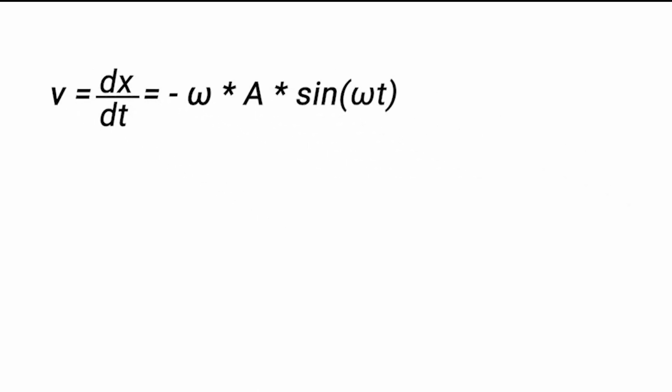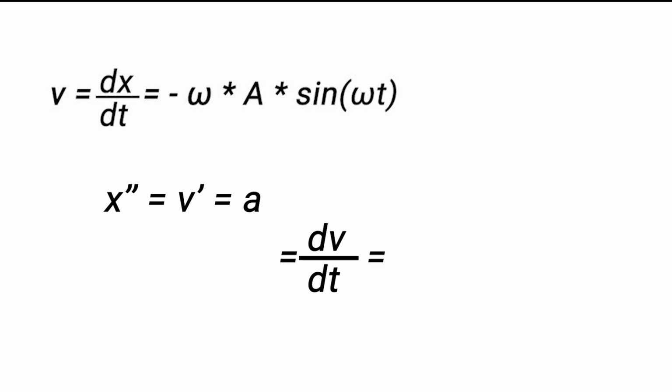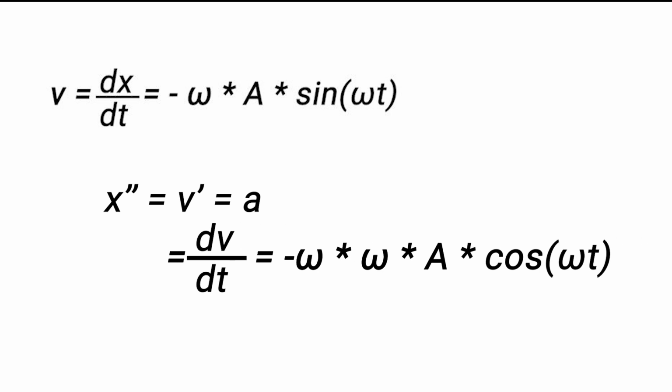The acceleration, as stated before, is the same as the second derivative of x, which is equal to the derivative of the velocity, dv over d time, which equates to negative angular velocity times positive angular velocity times A, amplitude, times cos of angular velocity times t.